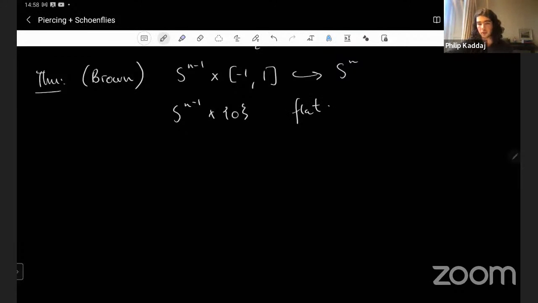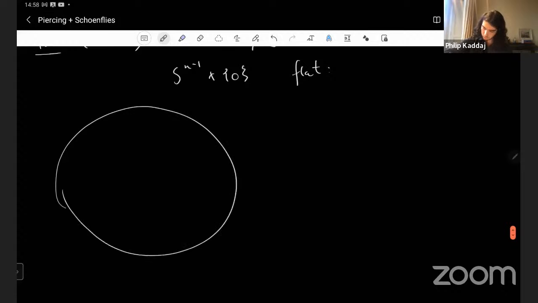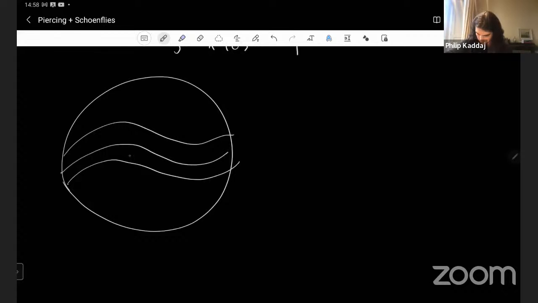That is, there's a homeomorphism which takes it to the standard equator. So in other words, you can say that it is tame and moreover unknotted.